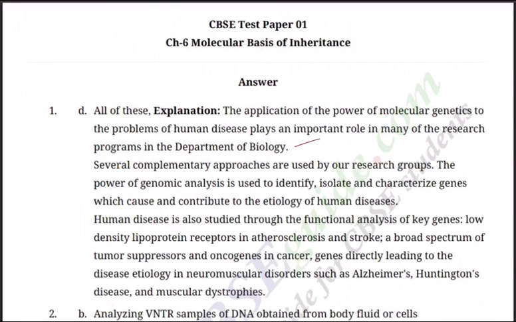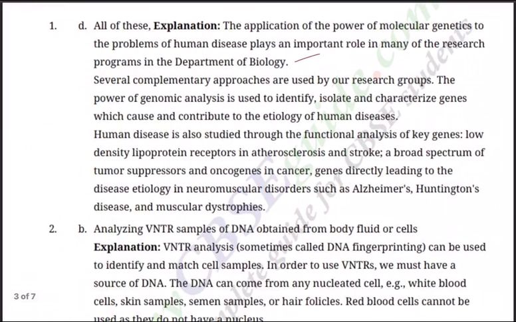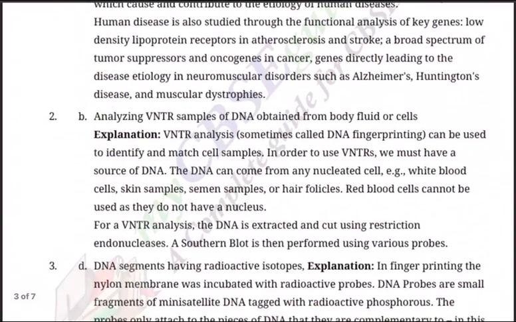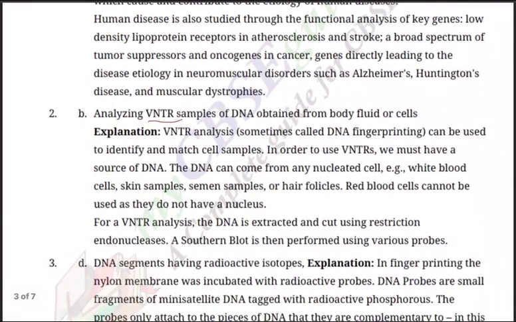Human disease is also studied through the functional analysis of key genes: low density lipoprotein receptors in arteriosclerosis and stroke, a broad spectrum of tumor suppressors and oncogenes in cancer, and genes directly leading to the disease etiology in neuromuscular disorders such as Alzheimer's, Huntington's disease and muscular dystrophies. That's why the answer should be molecular diagnosis, covering the entire thing.